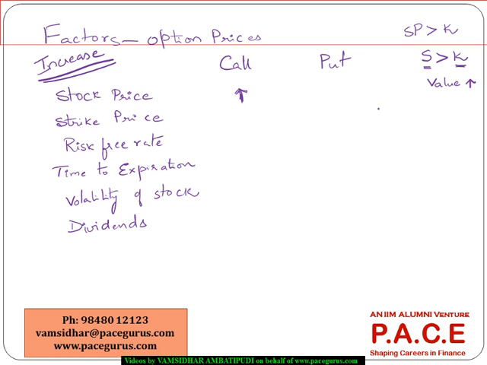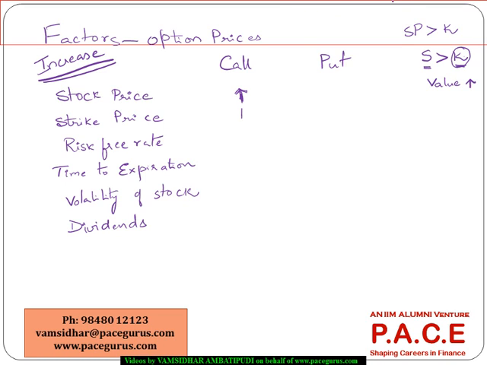The same is the case with the strike price. If the strike price is increasing, then the chances of exercising the call, which is buying at the strike price, decrease, because the person may not be buying at the strike price, since the strike price itself is much higher.